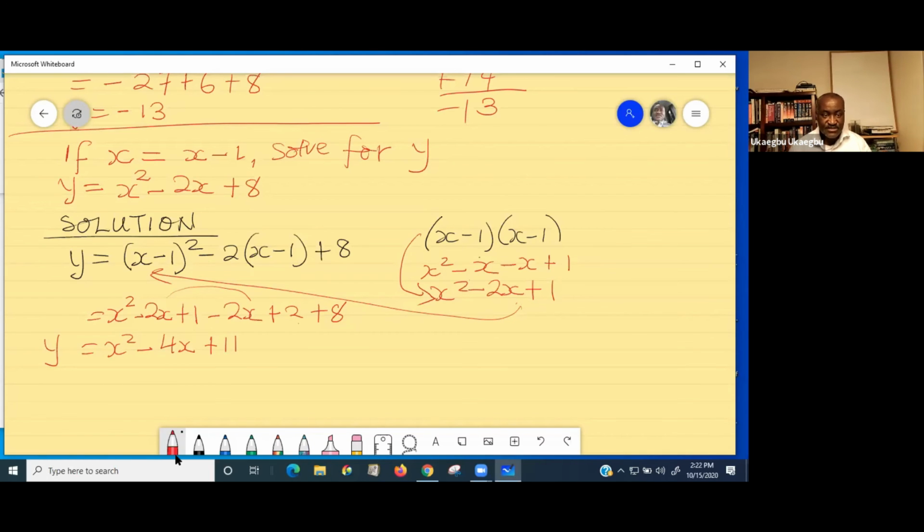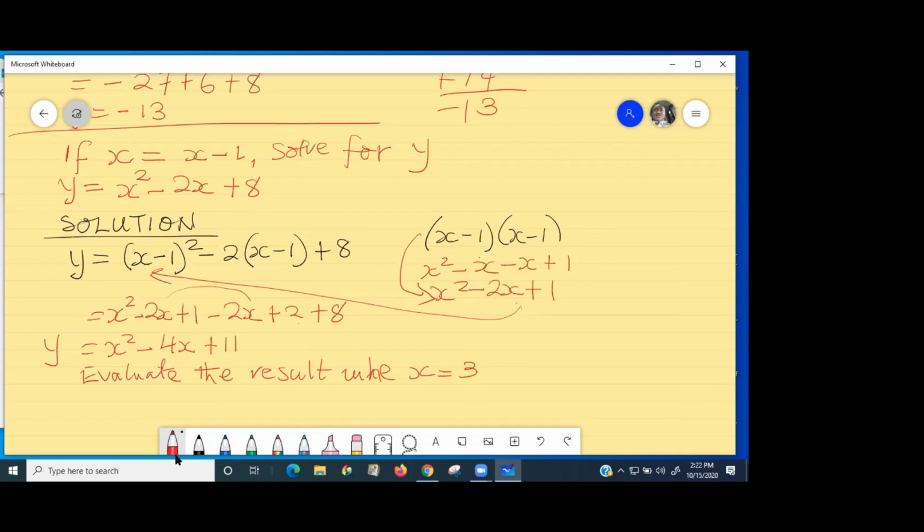So if the question says evaluate the result when x is, let's say, 2 or 3 or 4 or any other number, let's add: evaluate the result when x is equal to, give me a number, just a small number. 3. Okay.